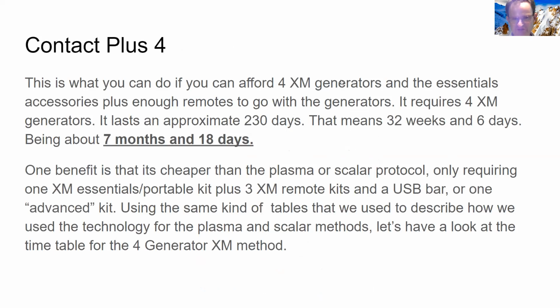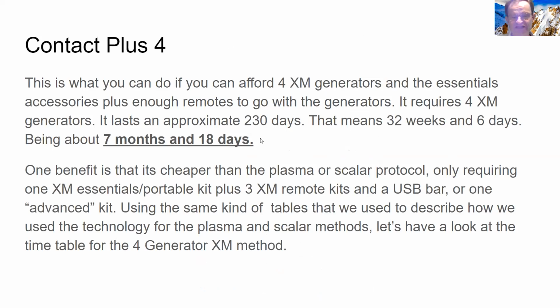This is what you can do if you can afford 4 XM generators and the essential accessories, plus enough remotes to go with the generators. It requires 4 XM generators and lasts for about 230 days. So you've got 4 generators, and it's going on for 7 months and 18 days.